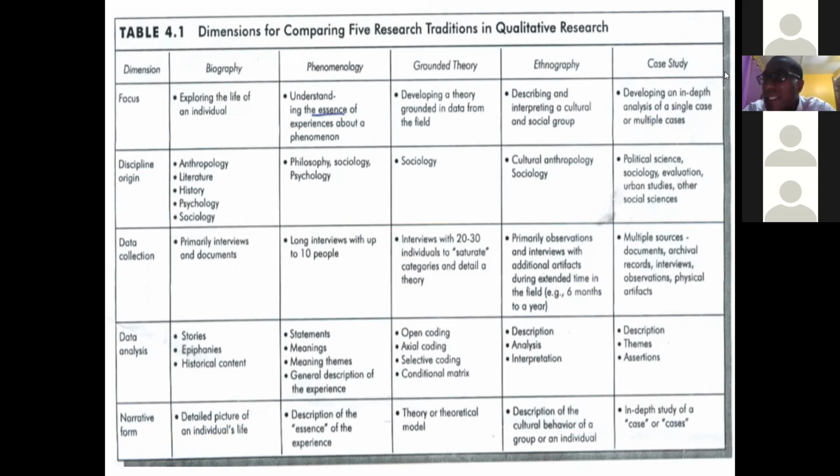Again, part of the sampling technique for qualitative research in general is purposive, or purposely selecting your participants, right? As opposed to quantitative research where you may be using random sampling and all those other things. For qualitative research, predominantly, you would use purposive sampling.